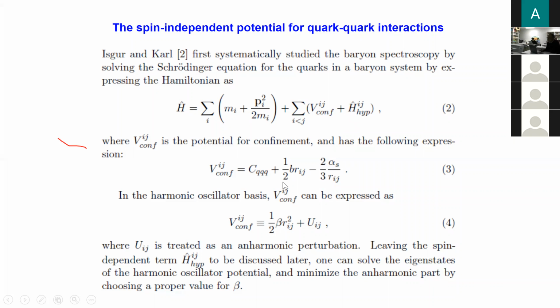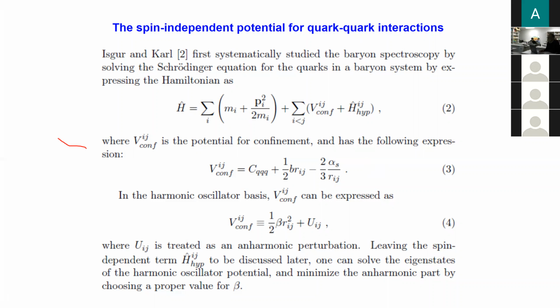For the confinement part, generally the way to have this is the Cornell potential type of form, which contains the zeroth energy, which is a constant, a linear potential, and also a Coulomb type potential, which comes from the spin-independent part of the one gluon exchange. And for the hyperfine splitting part, the spin-orbit and the spin-spin interactions can be absorbed into this part.